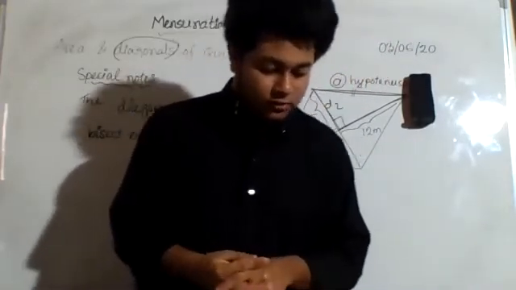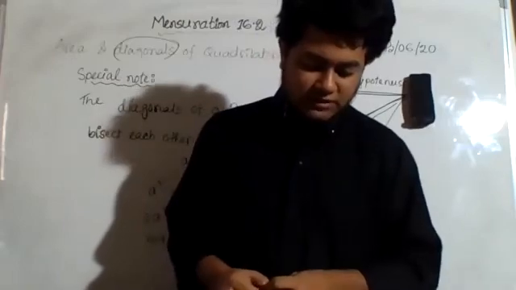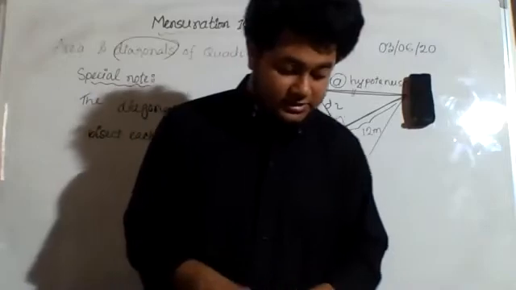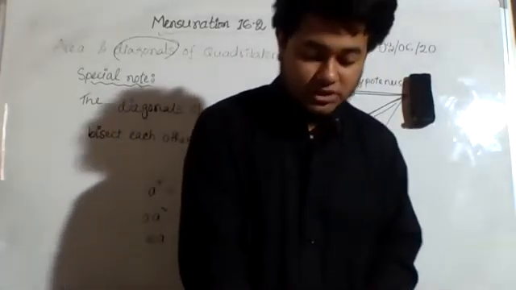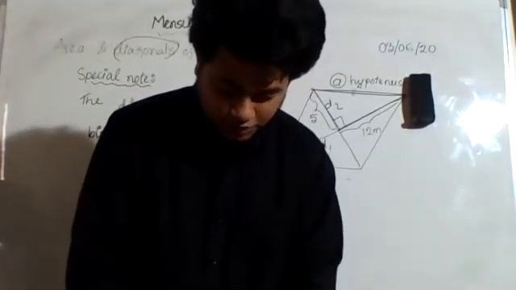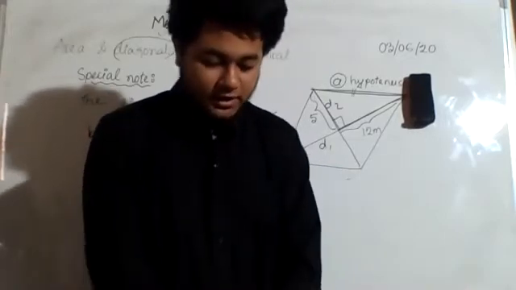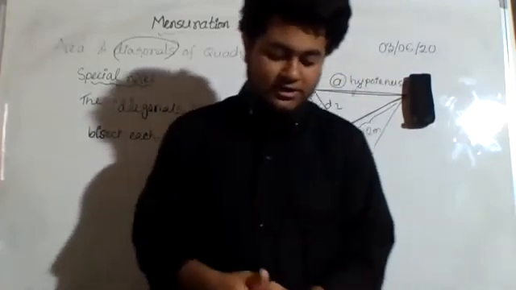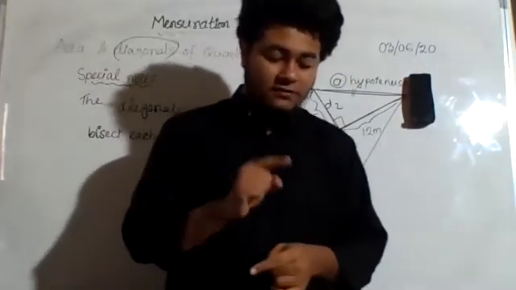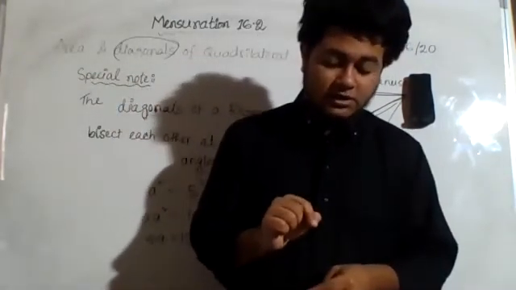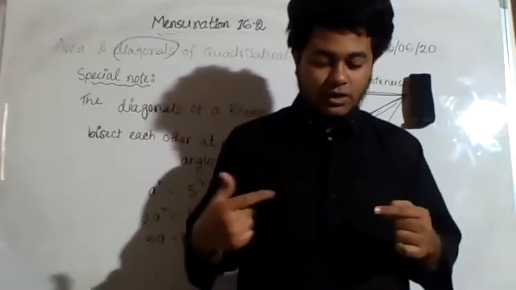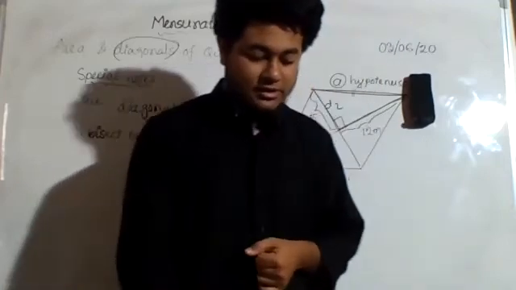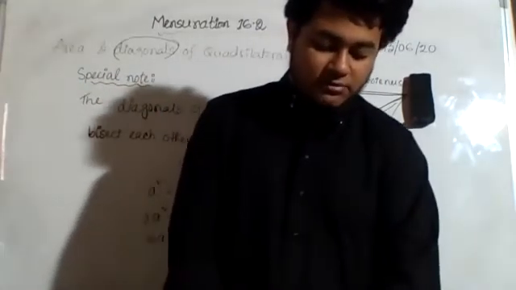Now we know, keeping the volume constant, if dq amount of heat is supplied to m mole of gas, then Cv is equal to dq by mdt. This is just the repetition of equation 1.29, right? At constant volume, Cv is equal to dq by mdt. Now from here, if I want to find the value of dq, all I have to do is cross multiply. So dq is equal to mCv dt.